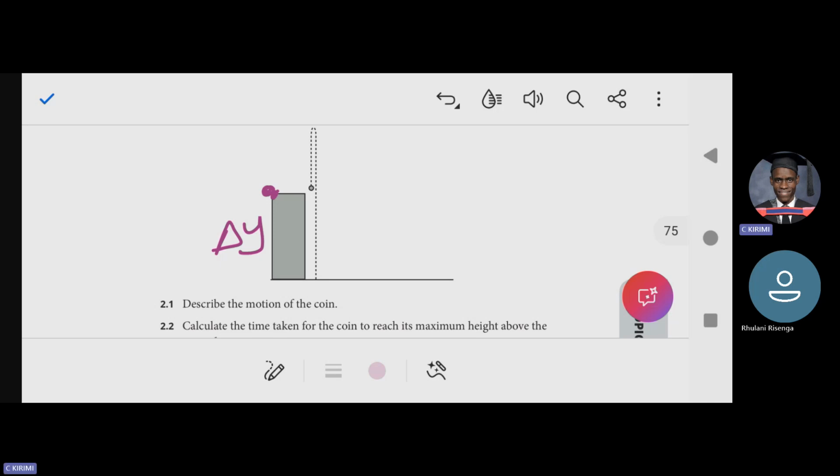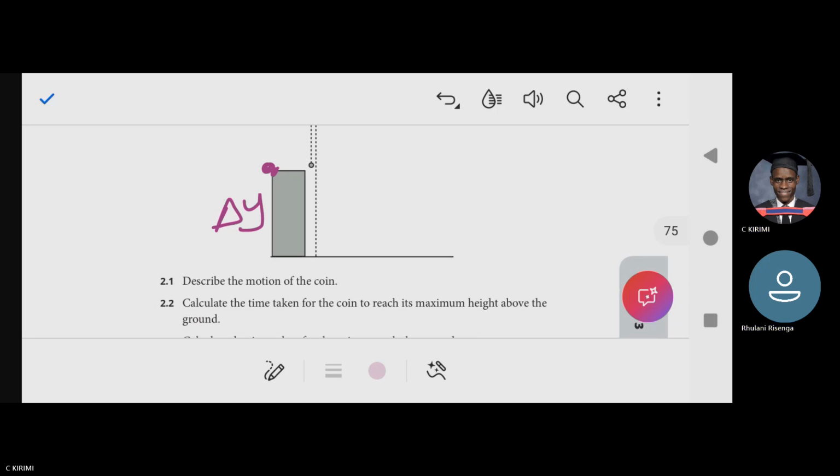Then for the second one, number 2, calculate the time. We say VF is equal to VI plus acceleration times delta T. Our final velocity is 0 and our initial velocity is 15 meters per second.